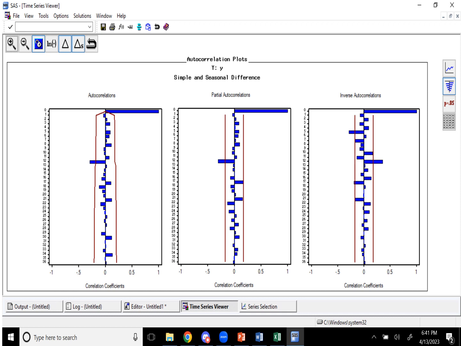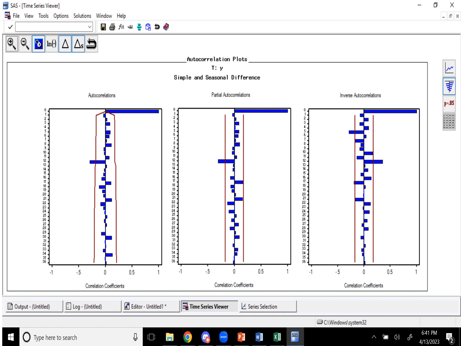So here's my SAC and my SPAC. So what are we going to conclude? Well, let's start with the non-seasonal level. And if you want, you could pause this slide and try to figure out the seasonal and non-seasonal by yourself. I look at the non-seasonal level, and what do I see?